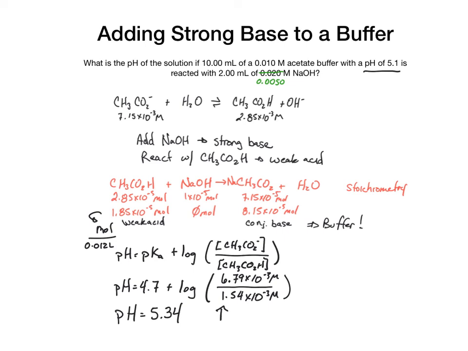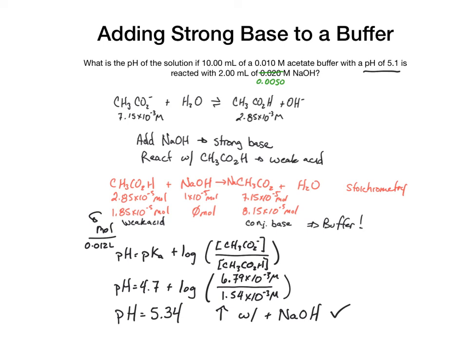My pH has gone up with the addition of NaOH, which is a base, which is what I would expect to happen. Because when I add a base, it reacts with some of the weak acid, creating more weak base, and just shifting this pH instead of completely changing the pH.